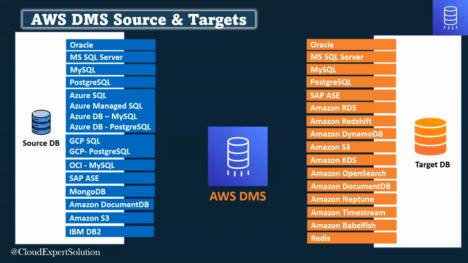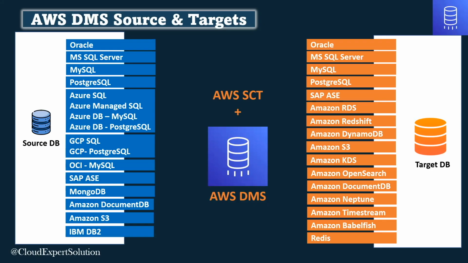But if your database is on an EC2 instance, if you are maintaining Oracle, SQL Server or MySQL, or if you are on Amazon DocumentDB, then yes, you will be able to use AWS DMS to take it out of AWS. And if you are performing heterogeneous migration, in that case, please remember to use Schema Conversion Tool along with AWS DMS.